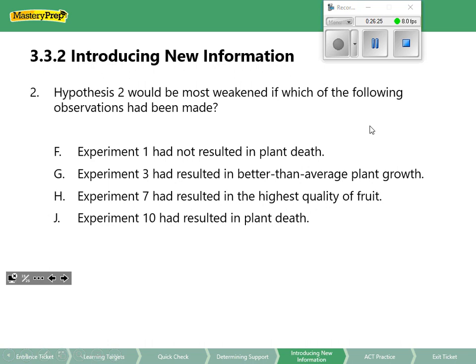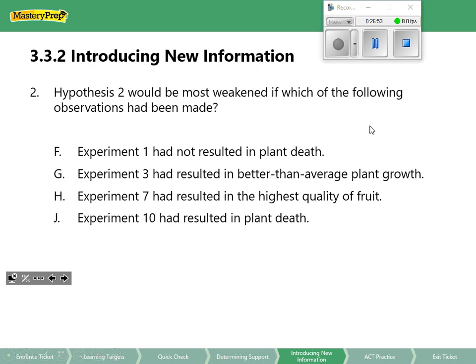So wait a minute, hypothesis 2, like we said with the first one, is mainly dealing with green light, yes? Green light is being bad, yes? Well, we just talked about experiment 3, didn't we? Because experiment 3 is dealing with 100% green, yes? It resulted in better than average plant growth, yes?